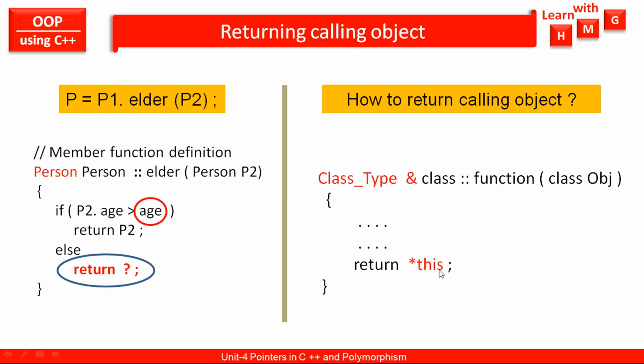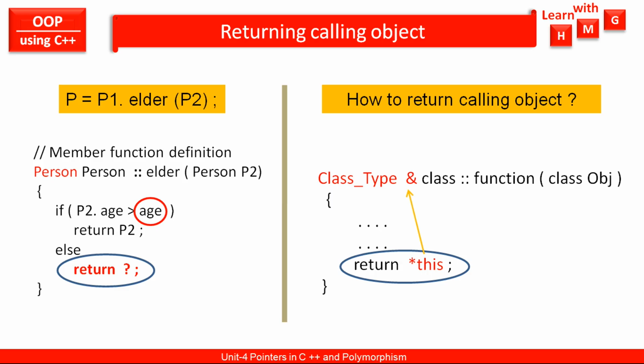Whichever object will call this function, that object will be written in terms of this pointer, because this pointer always points to the calling object, and that's why we can use it here as a return value in terms of return *this. So return *this will return the address of the calling object.